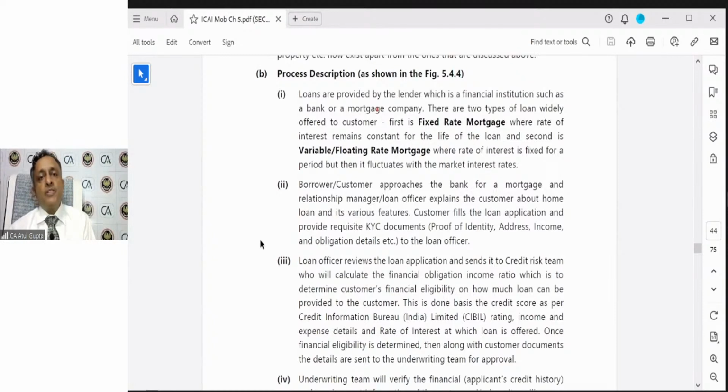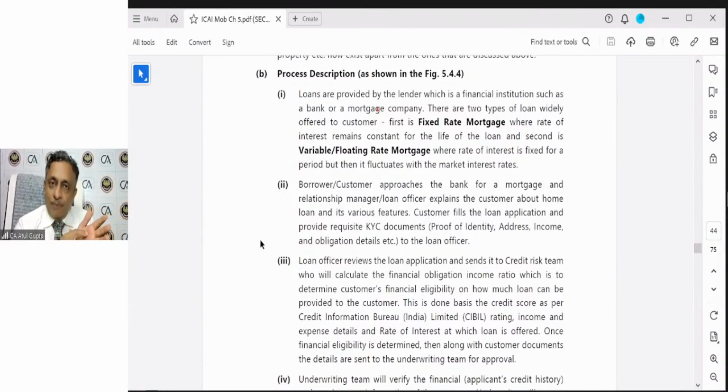Loans are provided by a lender, which is a financial institution like a bank or a mortgage company. And we have added more to this. This home loan is a very dedicated sector in banking finance in India.